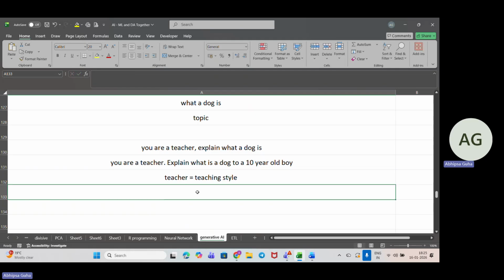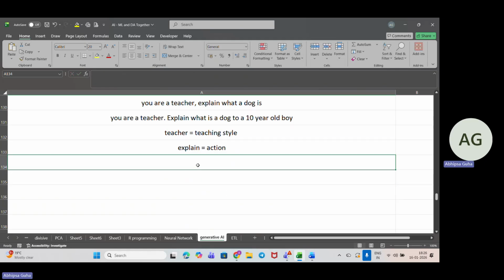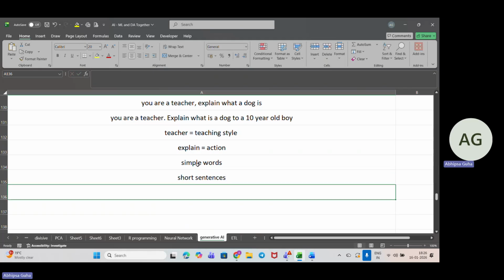Next, "explain" is the action. Now you are giving the audience, a 10-year-old boy. That means it should use simple words, short sentences, and a fun tone. Fun tone, right? So this is the idea.